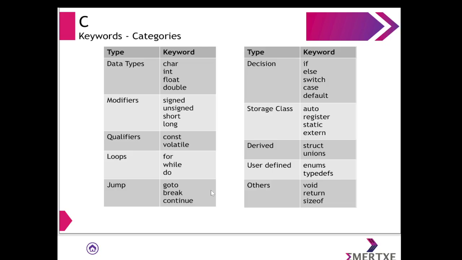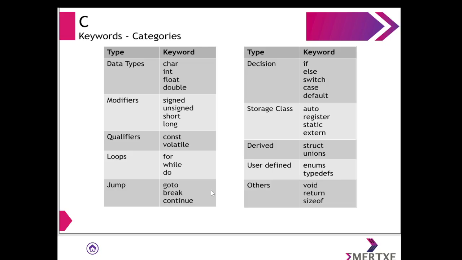In modifiers, there are keywords like signed, unsigned, short, and long. In qualifiers, like volatile, const. In loops, like for, while, and do.